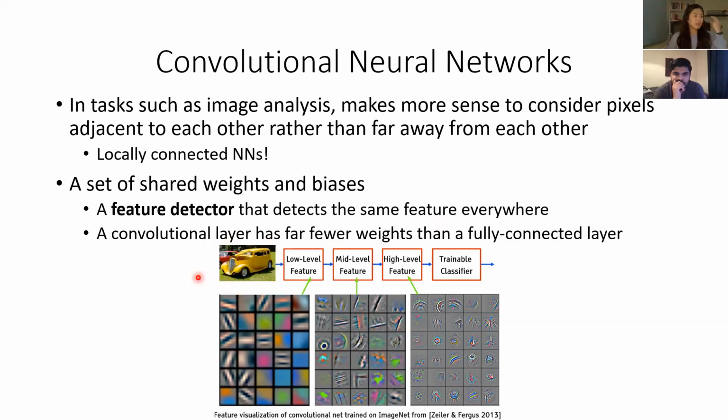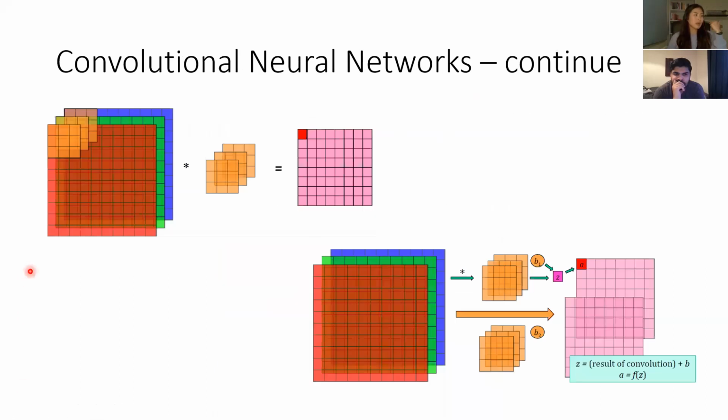And some smart people just thought, well, isn't it fair if we consider the pixels that sit beside each other rather than just random locations from here to there? Isn't it better to consider all together here? So that's the idea behind CNN.